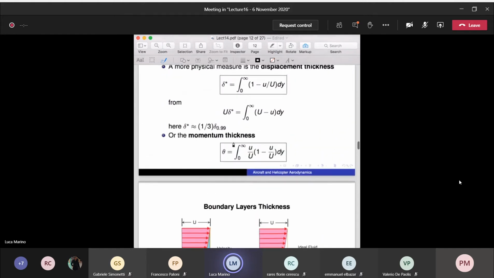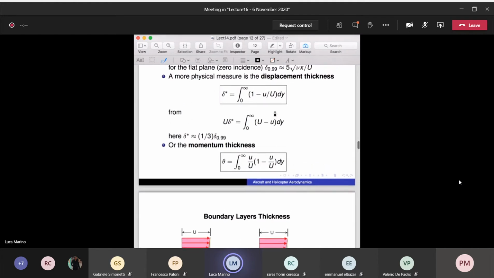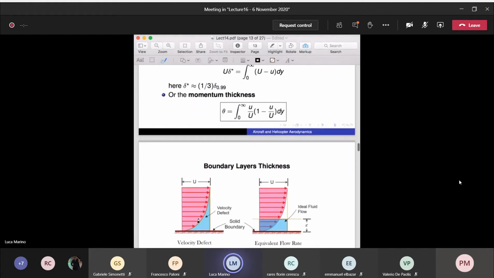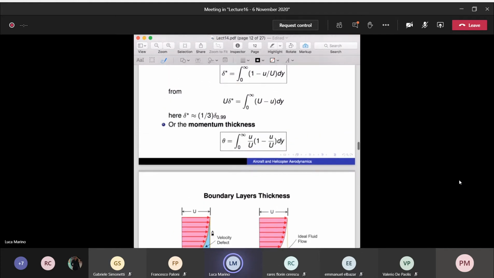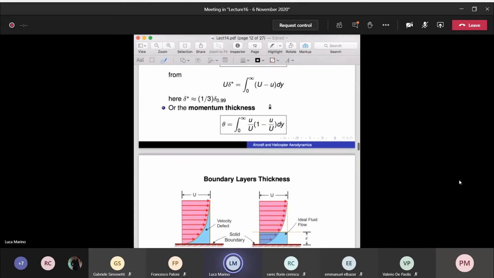And this quantity here, the integral without the box, on the right-hand side, is exactly this effect, because if you multiply by rho here, you will have that rho, the integral from 0 to infinity of rho U dy, is the mass flow rate, with U constant with y, okay? The actual mass flow rate is given by rho, the lowercase u, dy, okay?